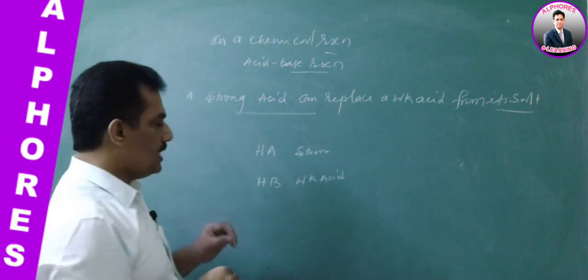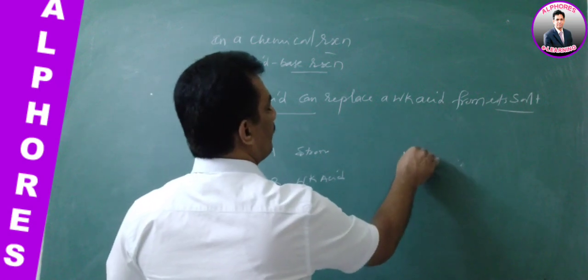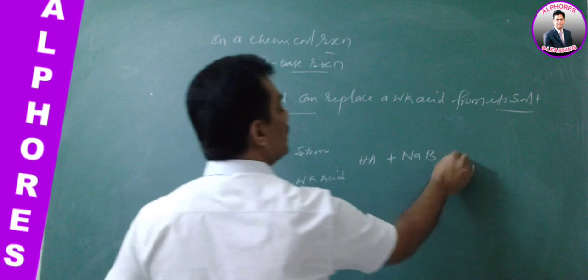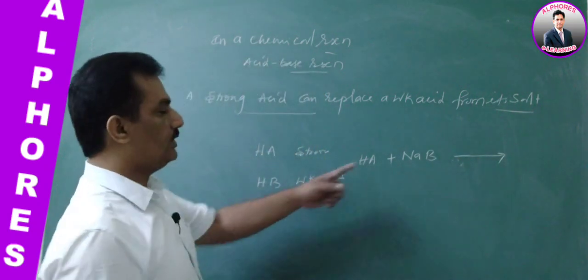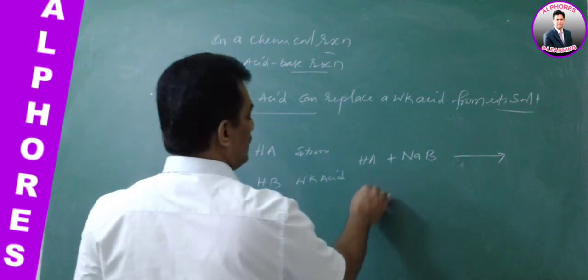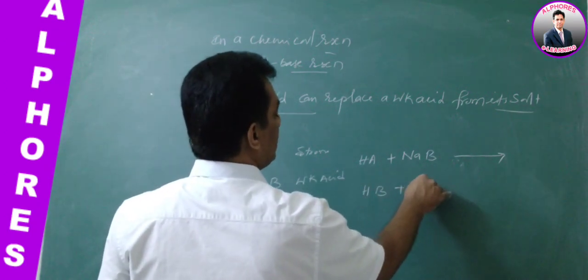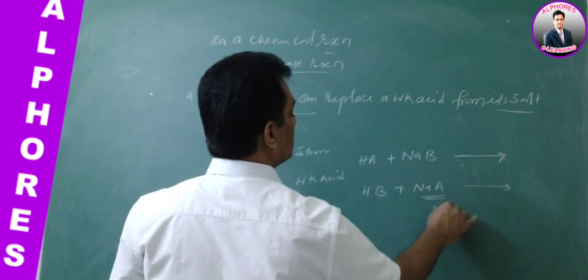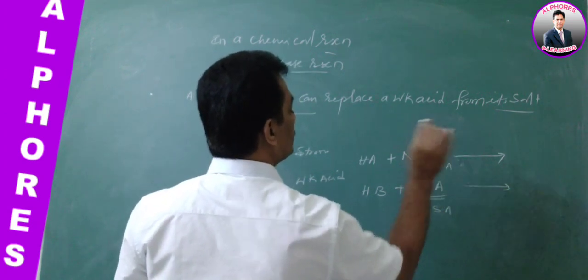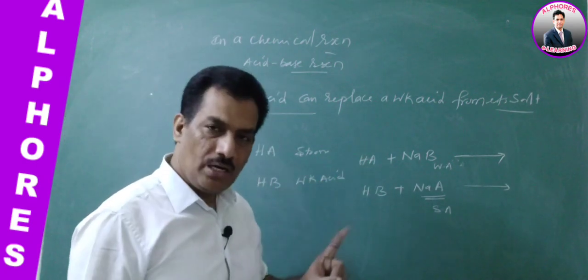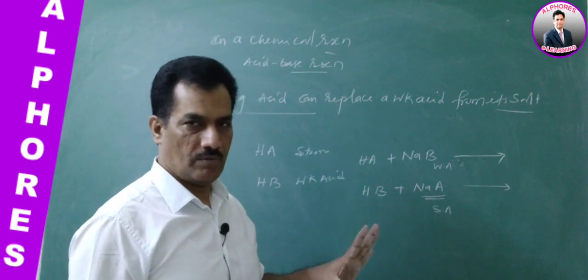Now, in any case, if it is NaB and HA, this is one type of reaction, where the salt is from the weak acid anion. And the other is HB plus NaA, where the salt is from the strong acid and HB is the weak acid. Now of these two, only one reaction is feasible, not the second one.